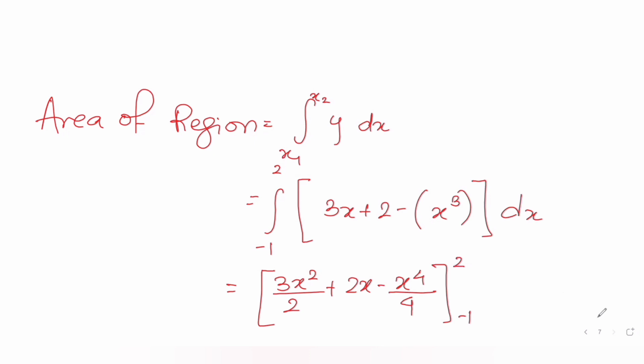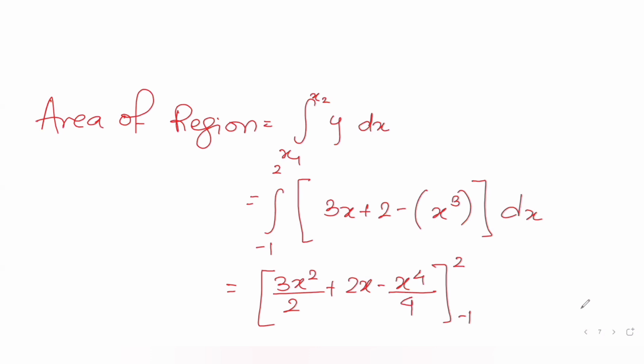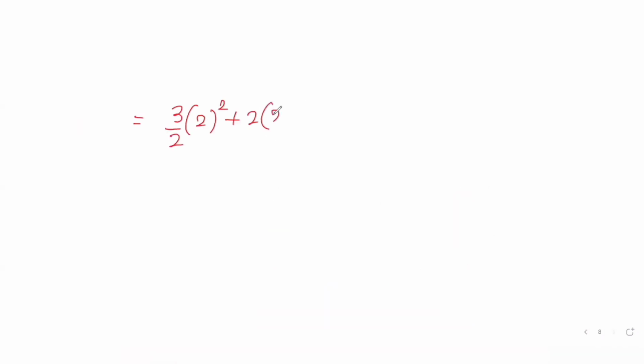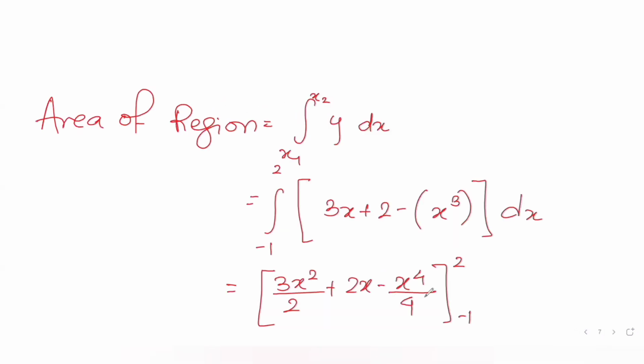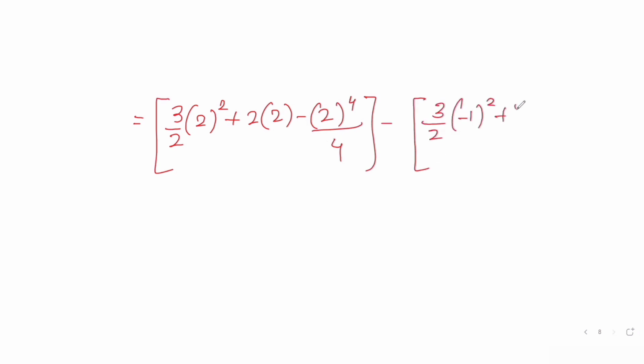So if I solve this further, I get this as 3 by 2 into 2 square plus 2 into 2 minus x raised to 4, that is 2 raised to 4 upon 4, minus 3 by 2 into (-1) square plus 2 into -1 minus (-1) raised to 4 upon 4.